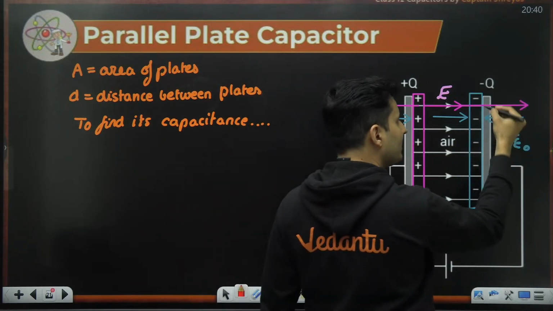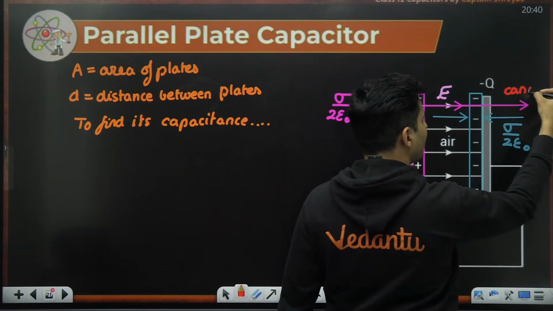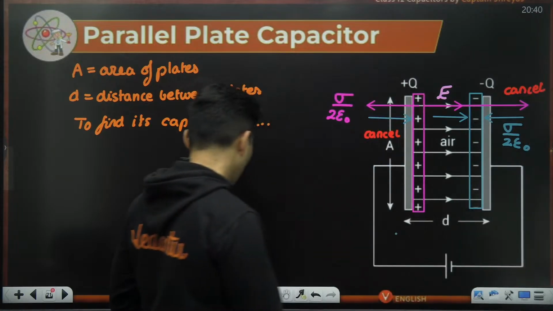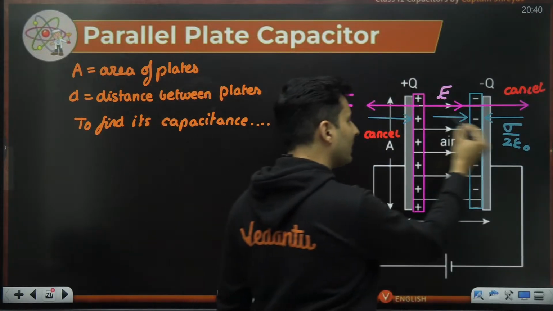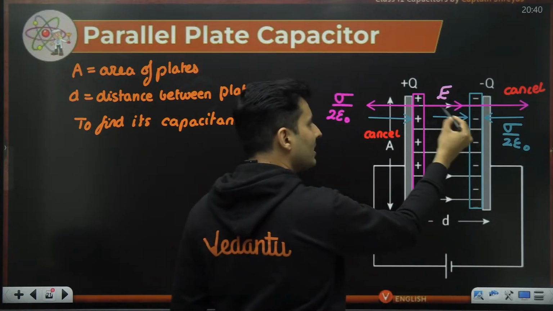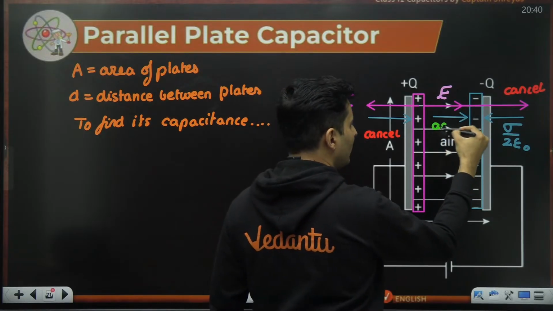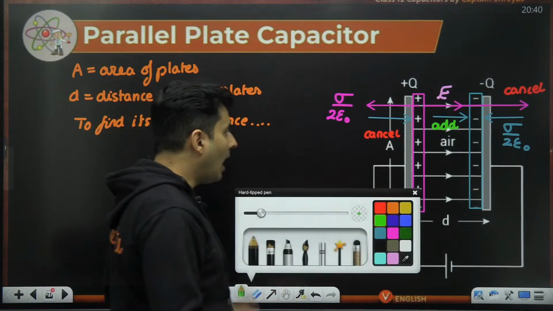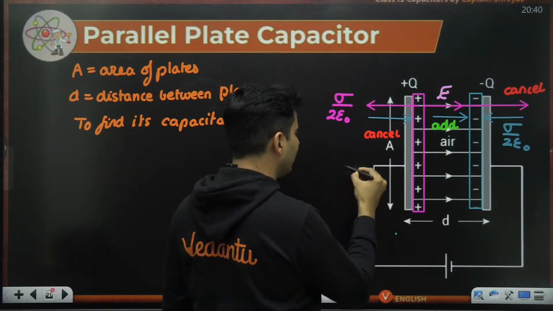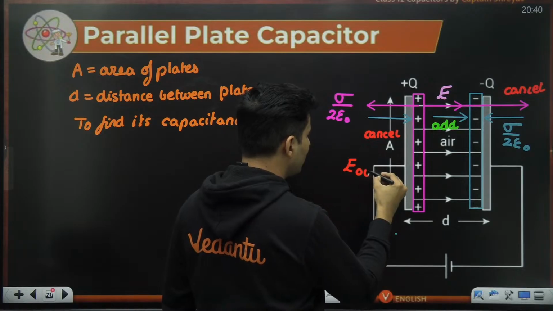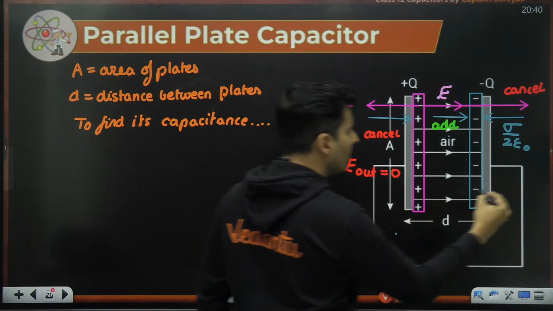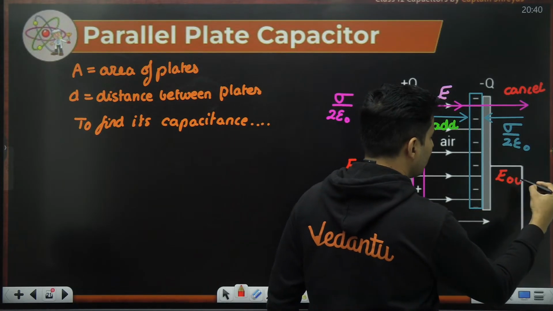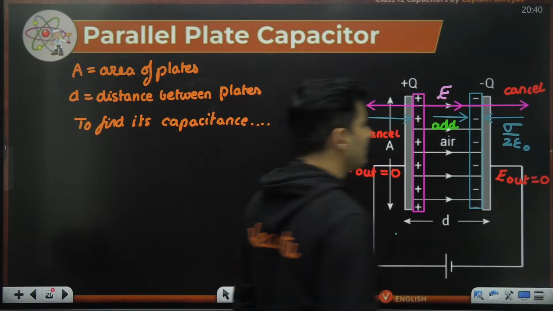Here also they cancel each other. But over here, these two fields are in the same direction, so they are adding up. That means the electric field outside the capacitor is zero.